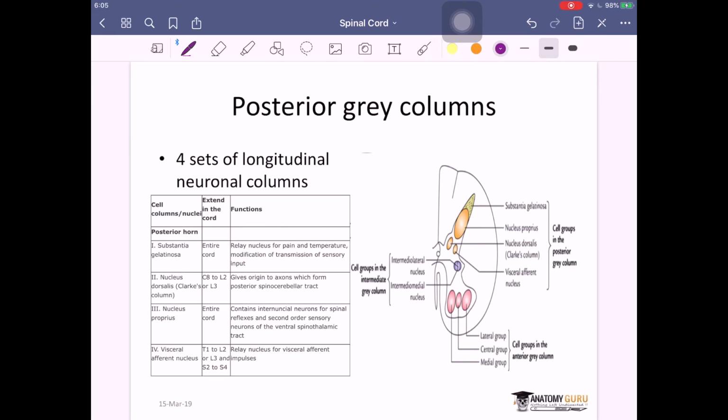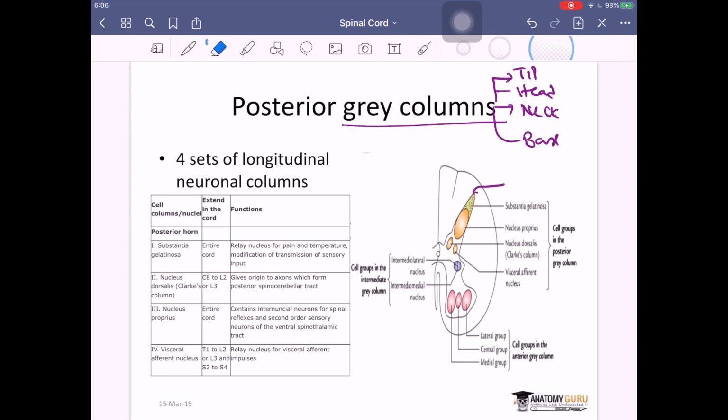Now if you go to the posterior gray column, it is tapering, and it has got parts. It is very narrow compared to the anterior, and it is tapering. So the parts are: it has a tip. This portion is what we call the tip, and then the tip leads to the next part which we call the head. The head leads to the neck, and the neck ends in the base.